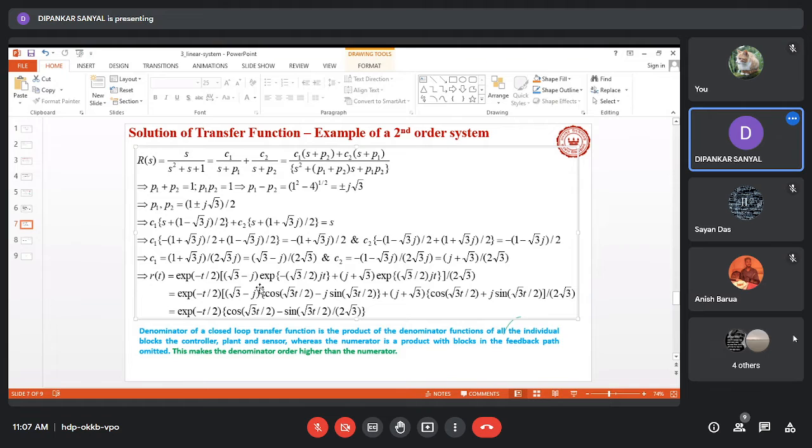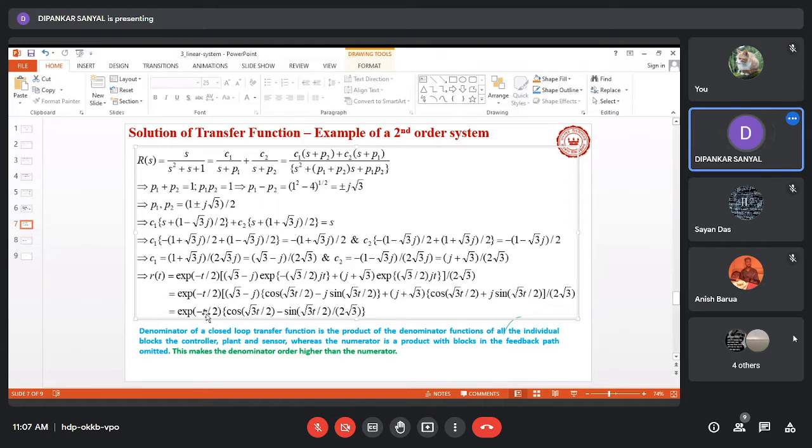So in this way, we expand the equation, and if we follow the algebra minutely, we'll finally find that the complex parts will cancel with one another, and we'll have a simple equation for the response in the form of an exponential function and a combination of cosine and sine functions.